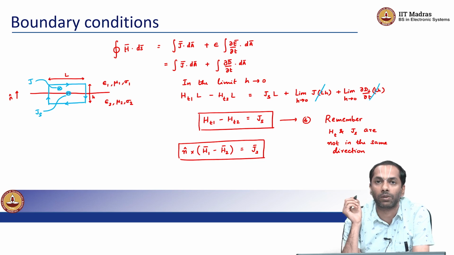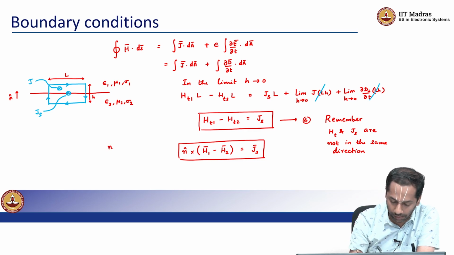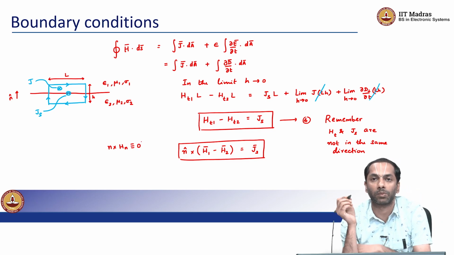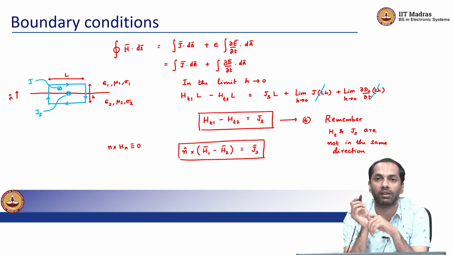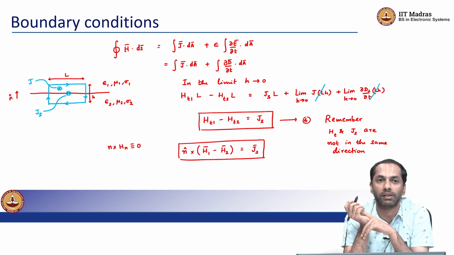The reason I am able to extend this from the tangential component to the full vector is because n cross H normal is identically 0, because the cross product of two vectors that are collinear is 0.